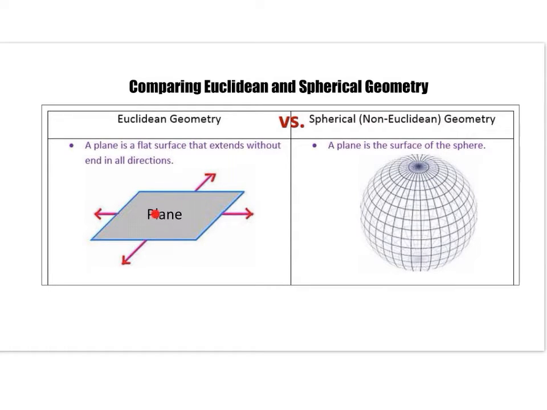You don't have to write or draw the images, but mainly identify the statement in your notes. Compared to spherical, a plane in the surface of the sphere is different. It's not flat. It doesn't necessarily extend forever in all directions. So the surface of this sphere compared to the surface in Euclidean is flat versus not flat.